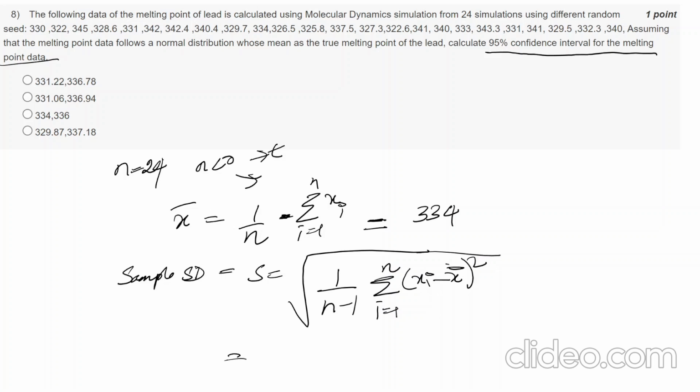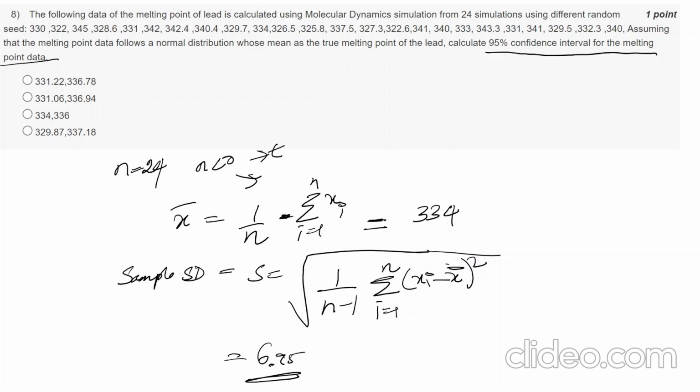I already calculated this because it will take a lot of time. The answer which I have got is 6.95.